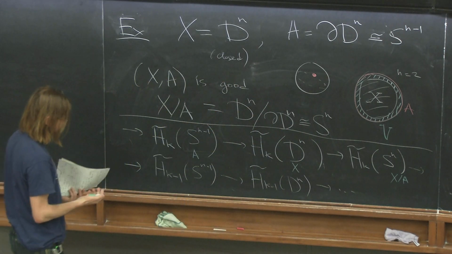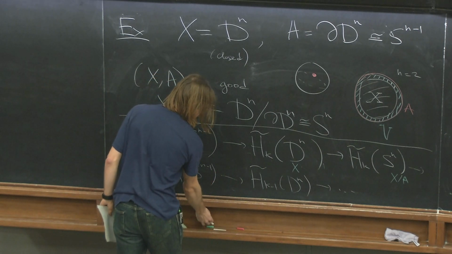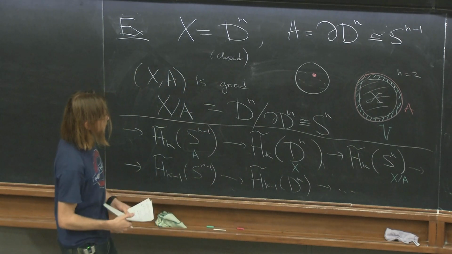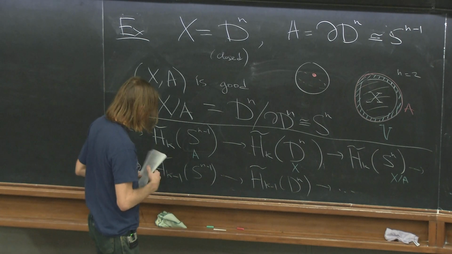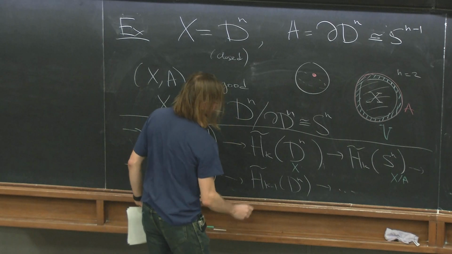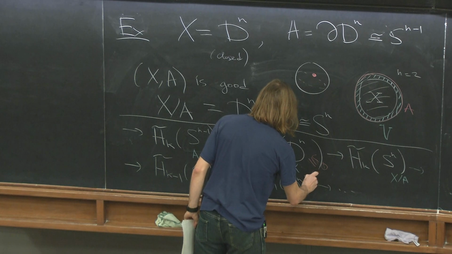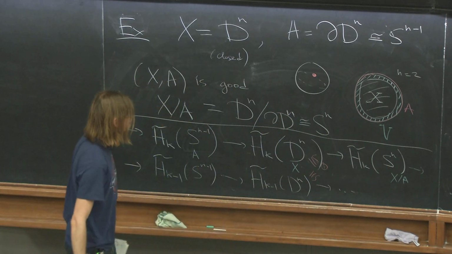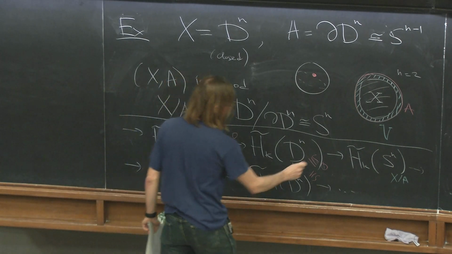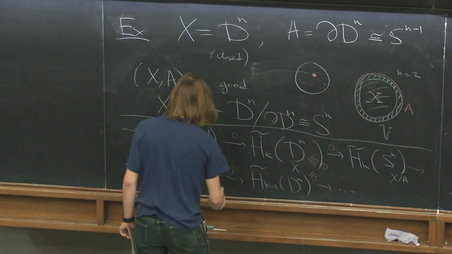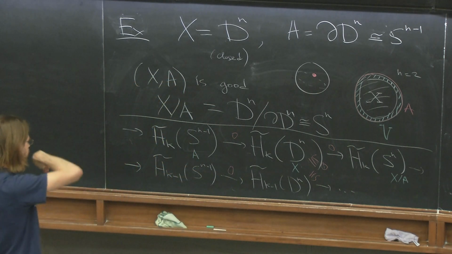Well, we know that the disk is a contractible space. So it can be deformation retracted to any point inside, for example. So this group is trivial, and this is also trivial. In particular, this map is a zero map. This map is a zero map. This is a zero map. Okay, good.